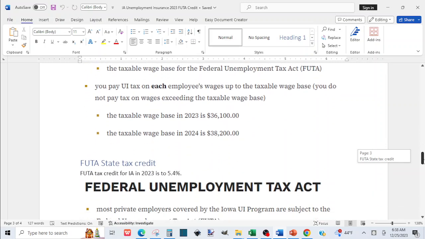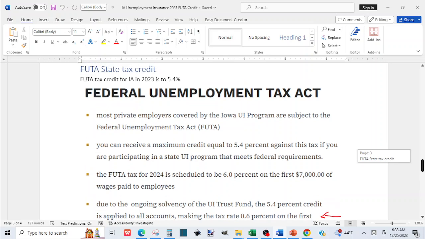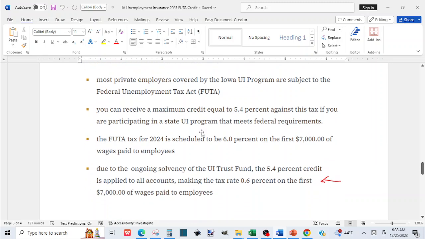But as I was looking around, they have this section for the Federal Unemployment Tax Act, where they state that you can receive a maximum credit equal to 5.4% against this tax if you are participating in a state UI program, that is, an unemployment insurance program, that meets federal requirements.